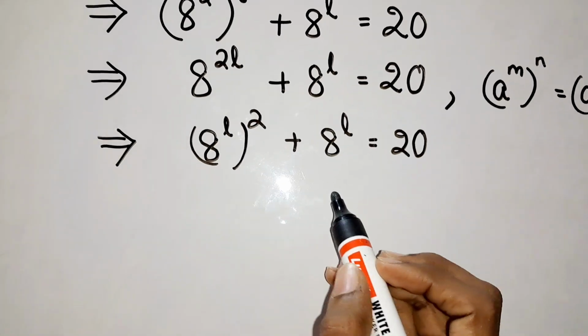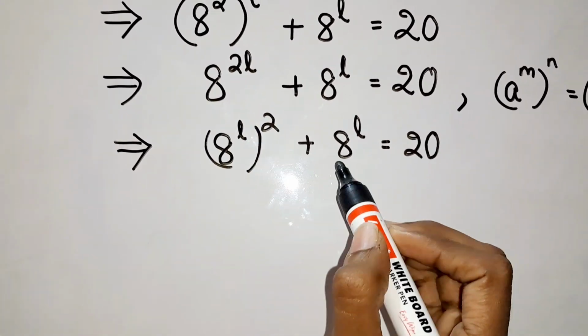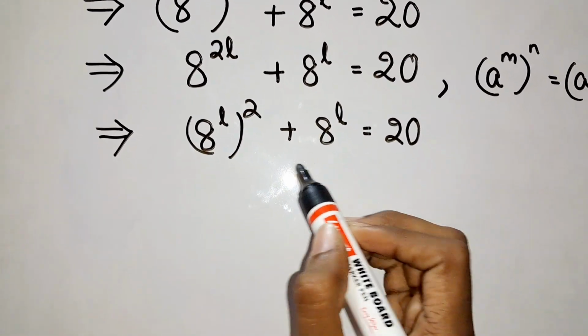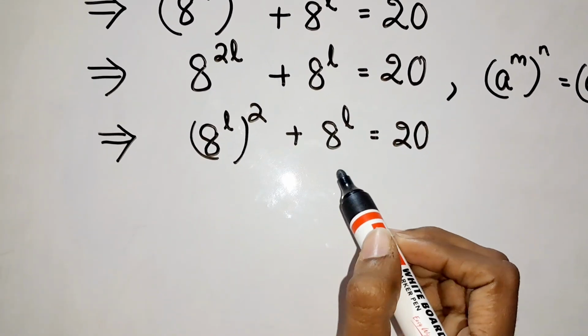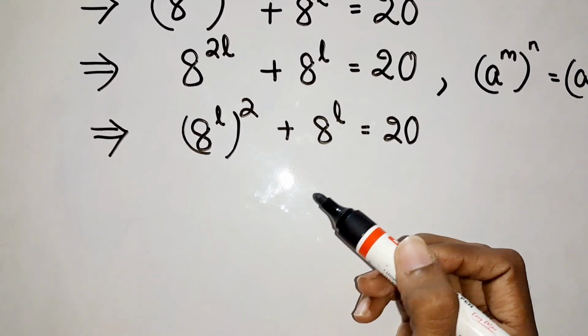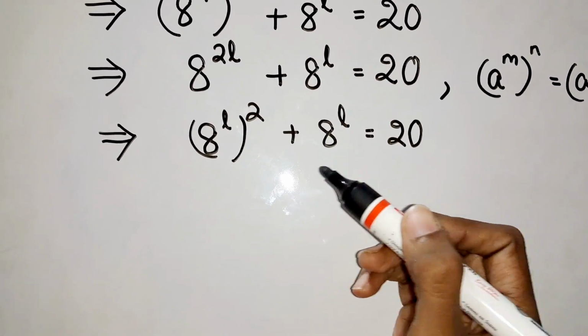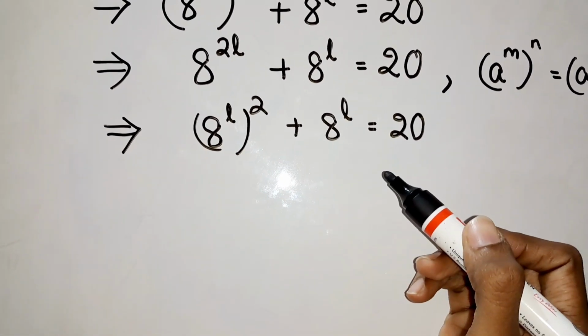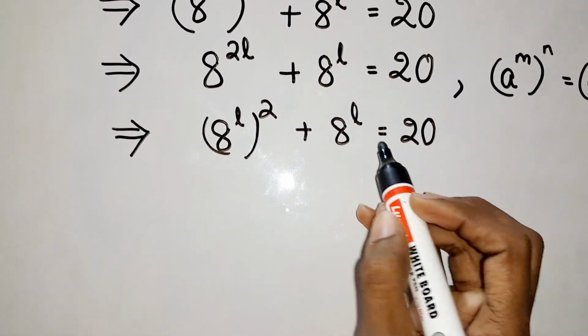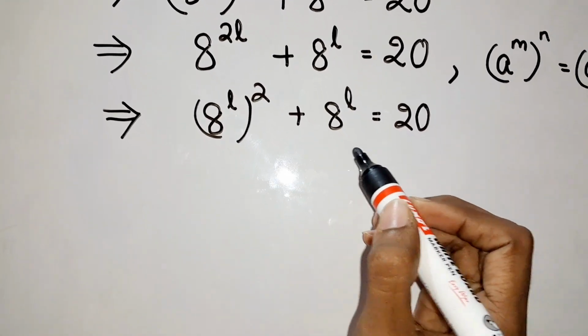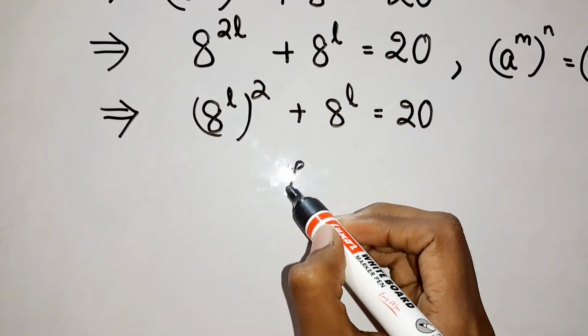Why? Because we have to substitute something in place of 8 to the power L. Then it will reduce to, or be simplified more to, an equation of degree 2, or quadratic equation, which is very easy to solve. So how can we do the substitution?